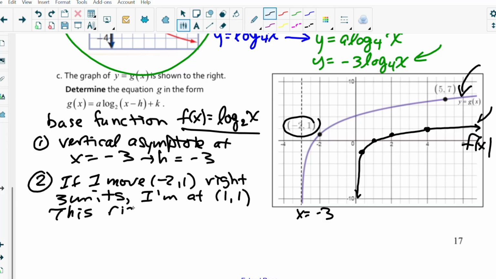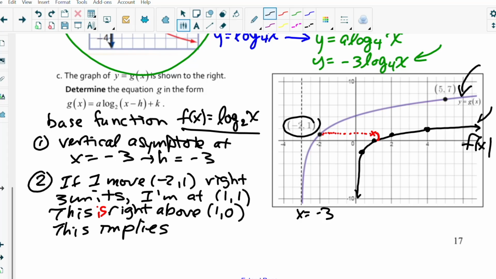This is right above 1, 0. Okay, if I move this 3 units to the right, I'm exactly 1 unit above. This is right above 1, 0. This implies a vertical translation has happened of 1 unit up. This implies k equals 1. So 1 unit up. Okay?